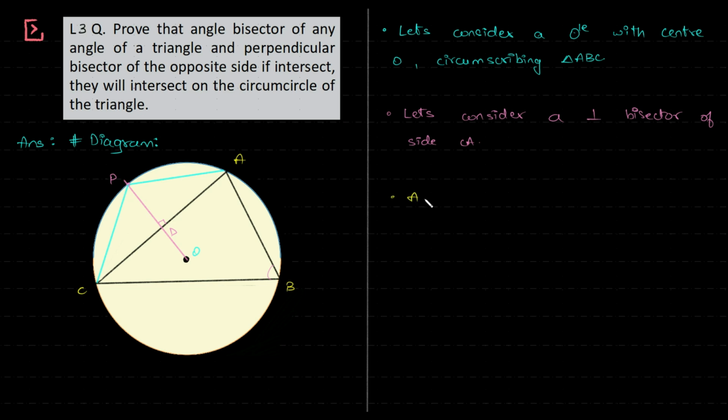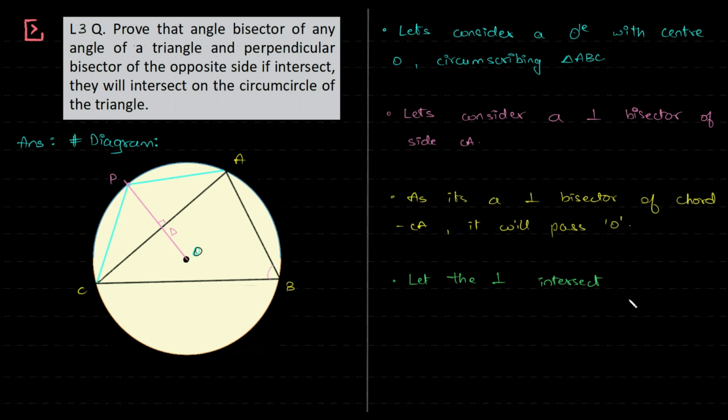As it's a perpendicular bisector of a chord, the chord being CA, it will pass through the point O. Next, let the perpendicular intersect the circle at point P.